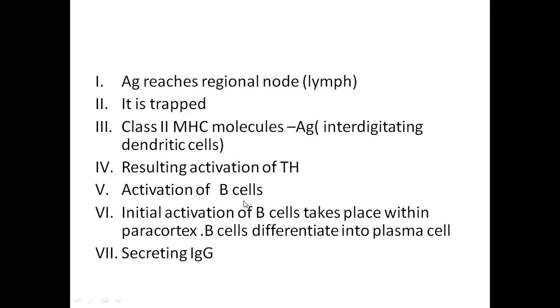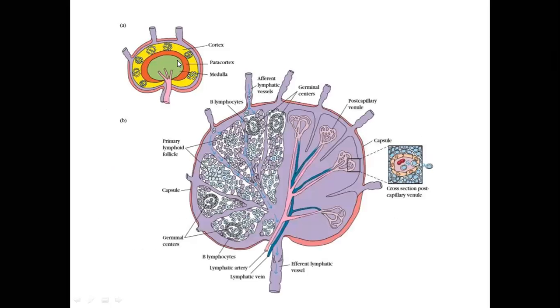Initial activation of the B cell takes place within the paracortex area. I told you that in this cortex, B cells are present and macrophages are present. So in this paracortex area, the activation of the B cell will happen.